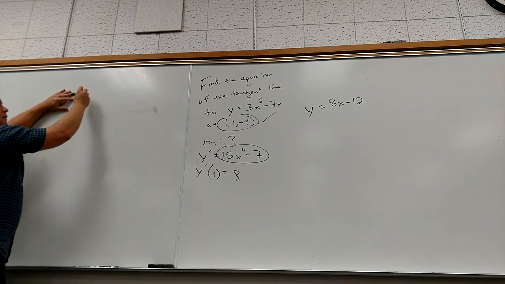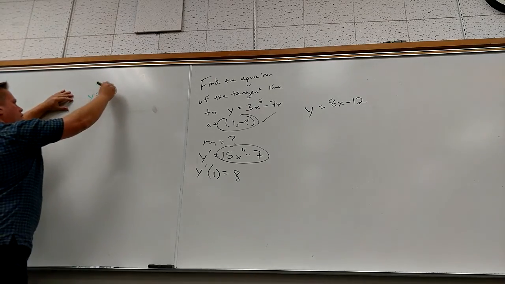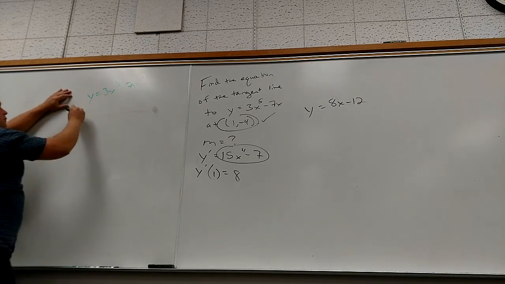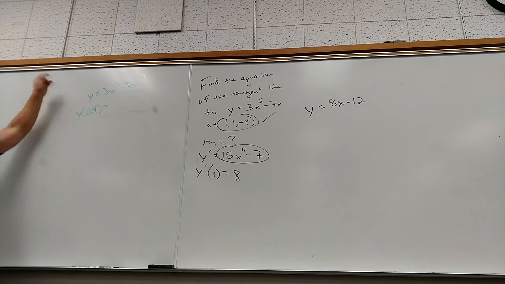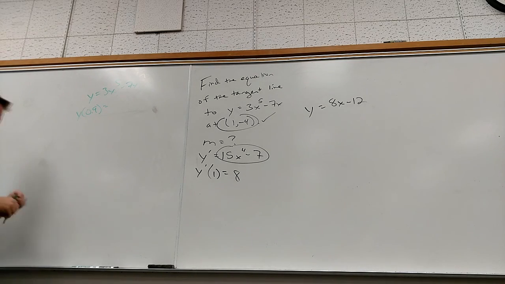For the original function, somebody help me out. What do you get when you plug in 0.9? Plug 0.9 into that function.